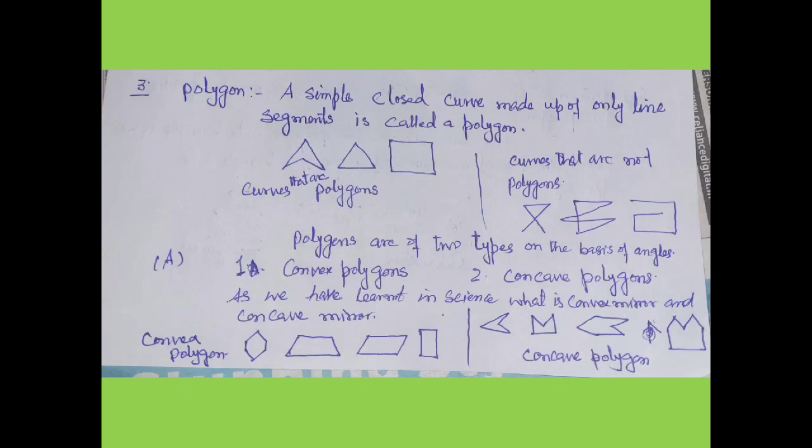In other words, convex polygons have a simple definition: polygons whose angles are all in the interior are convex polygons, and the polygons whose one or more angles are in the exterior are called concave polygons.